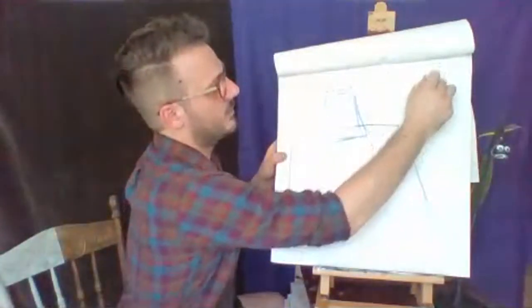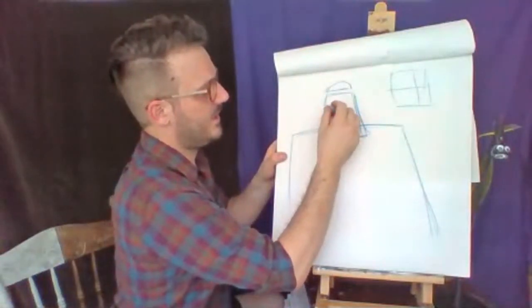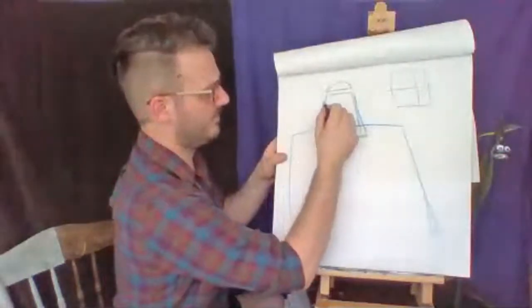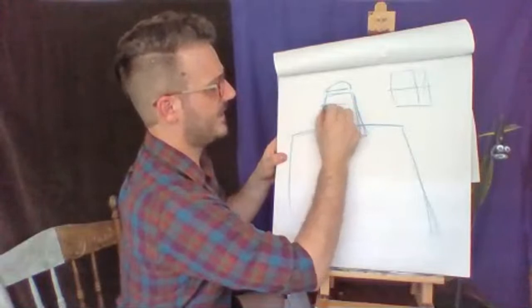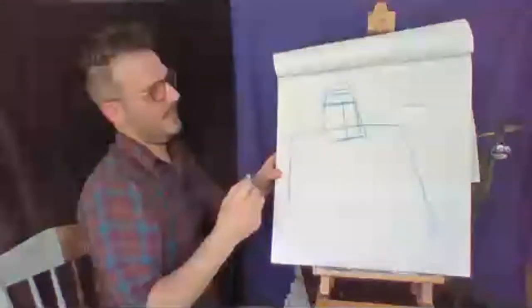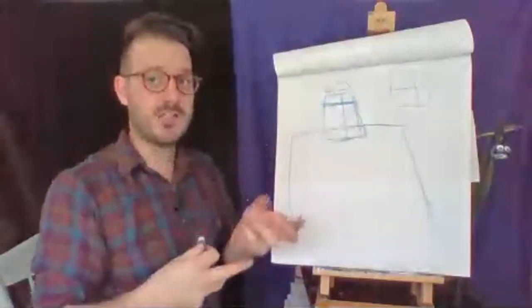Okay, so like I did before, I'm going to do my eye line. I can have my eyes way close to the top, or closer to the bottom. I'm going to do my eye line up here and my nose line there. For this one, I'm not going to actually draw the eyes in.